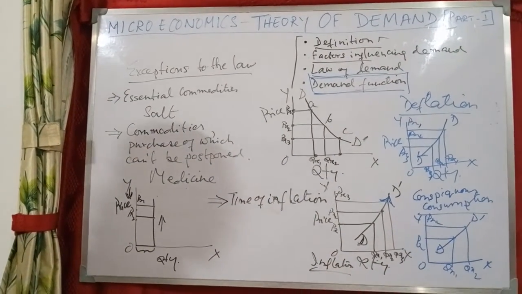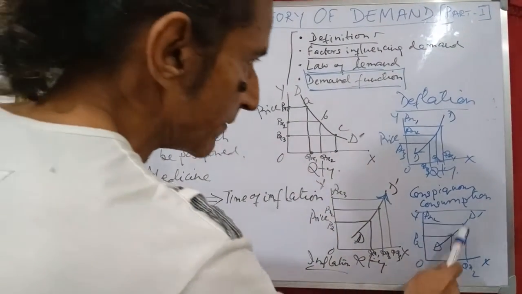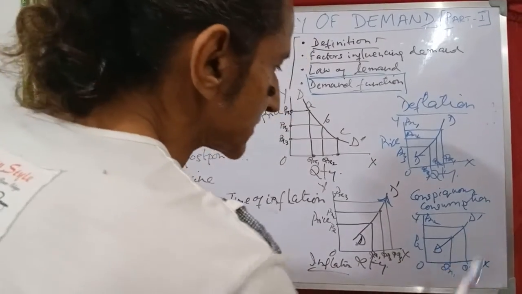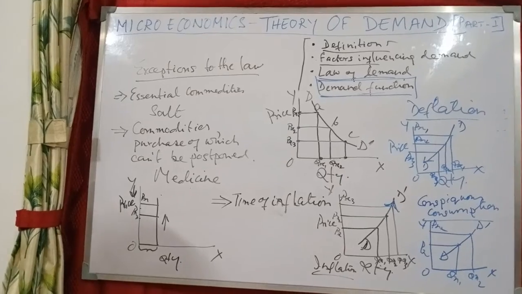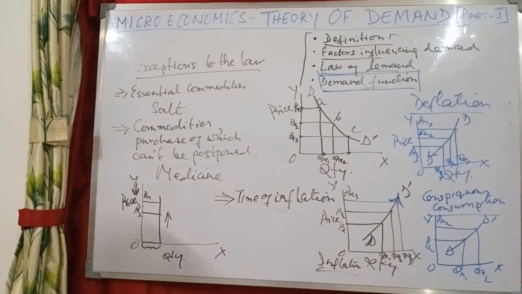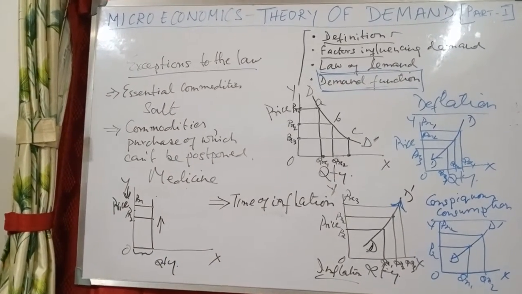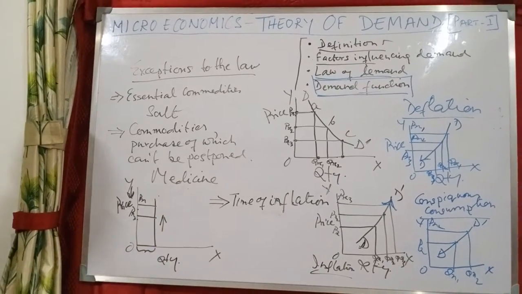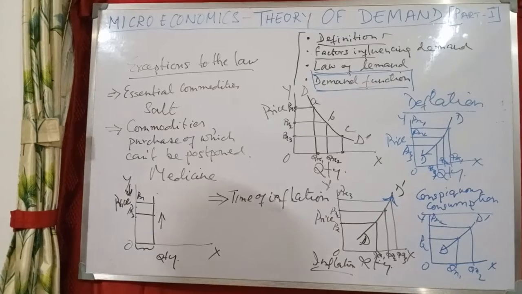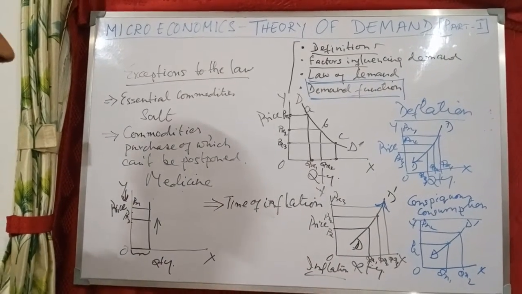And now this is the demand curve for conspicuous consumption or conspicuous goods, which the consumers purchase not for their intrinsic value but to satisfy their ego. For example, a costly diamond necklace or fur coat, etc. Right?